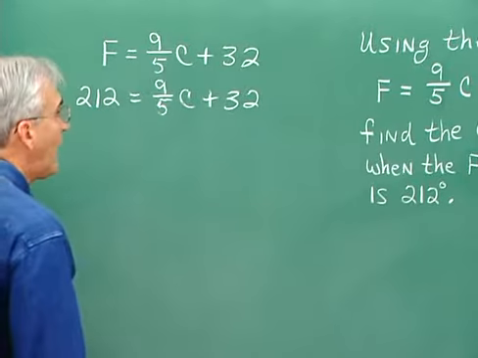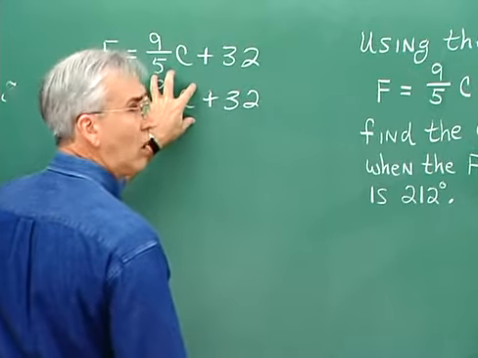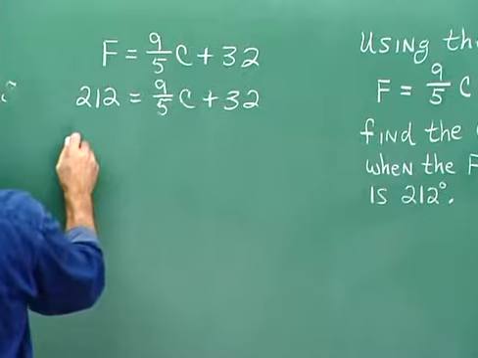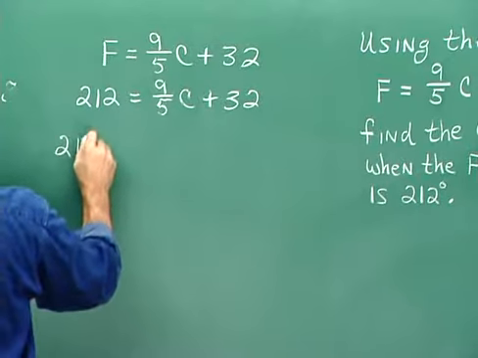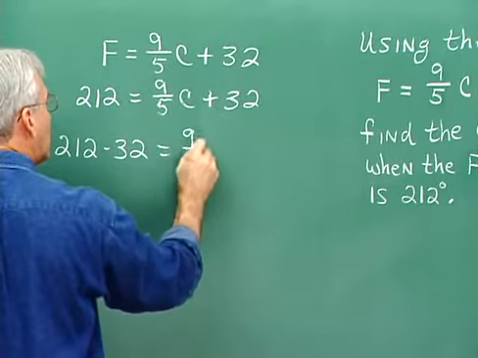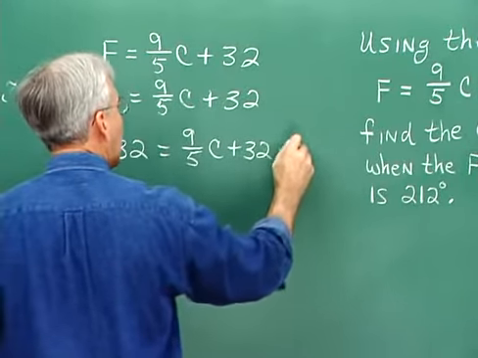So either way would be perfectly all right. I think I'll just isolate the term involving C, and to do that I'm going to subtract 32 on both sides. So it's 212 minus 32 equals the right side minus 32.